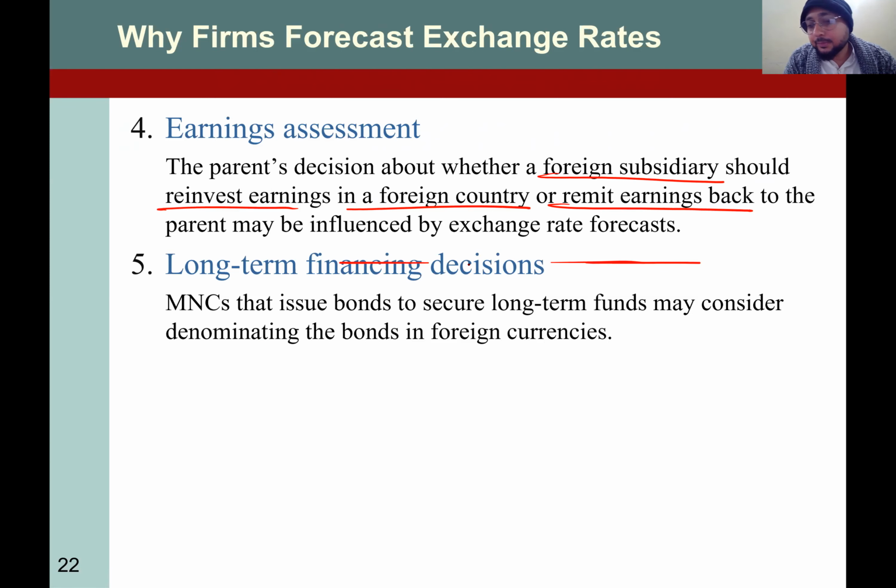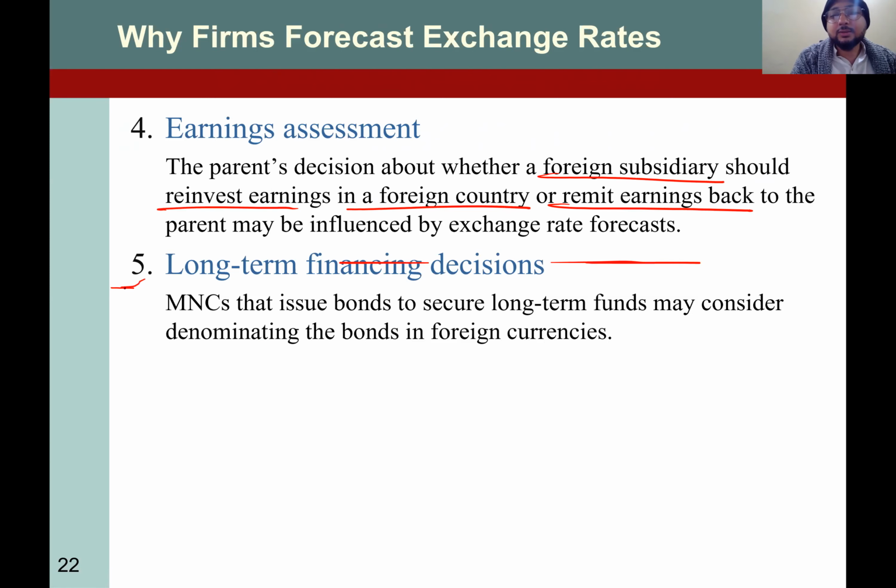If the requirement is that you need to remit all the money you received to your head office by 31st of December, and you realize through your assessment that things are getting better after 31st of December, you say do not remit the money right now, remit after 3 months. So you keep the money in local banks, in local currency, and after 3 months, when your forecasts are really correct, you remit the amount to the head office, right?